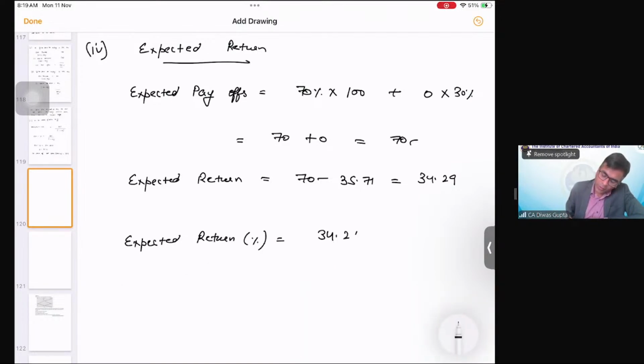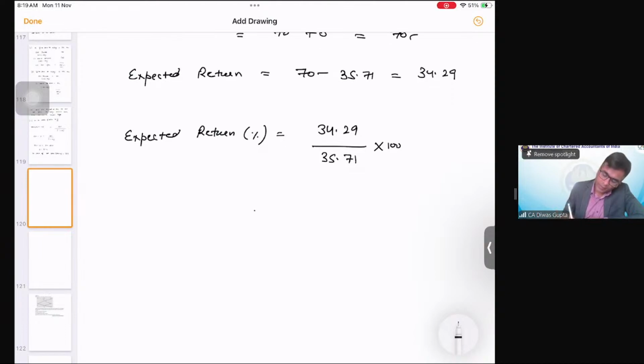So 34.29 divided by 35.71 times 100, which is equal to 96.02 percent.